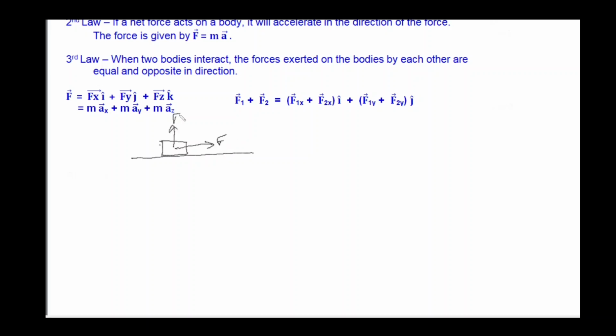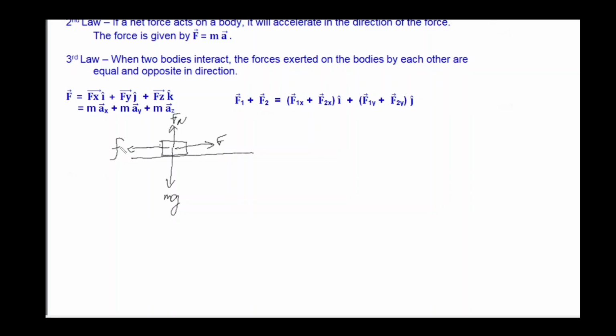There's a normal force that the surface exerts on the block. There's the weight of the block, and we have our force of friction, which is usually shown as a small f.